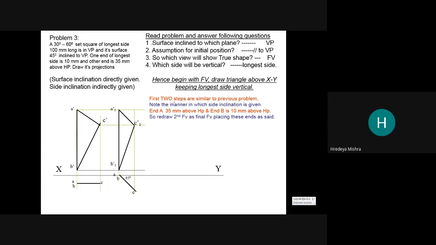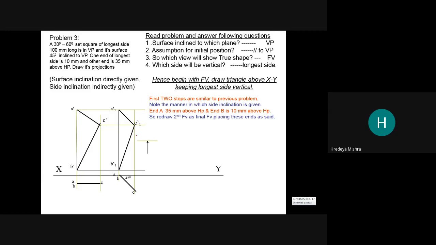Note the manner in which side inclination is given. No inclination, but side inclination is given in the form of the point position. So see here, what we can do now.